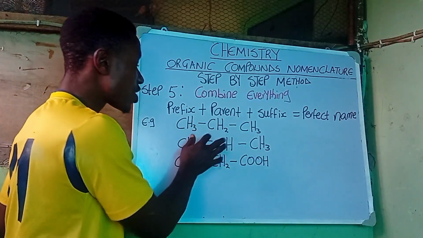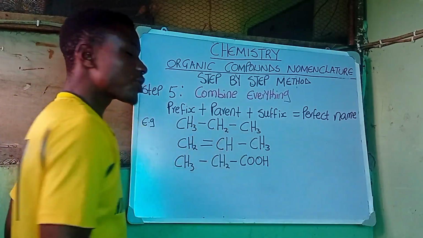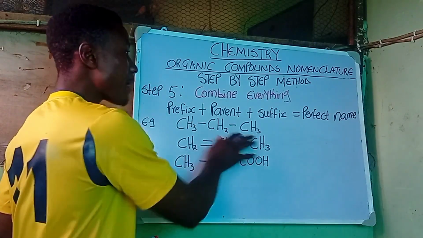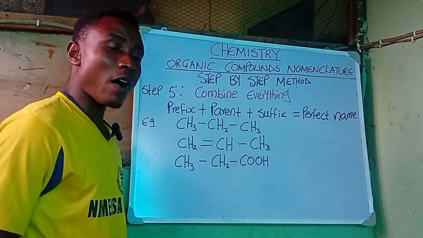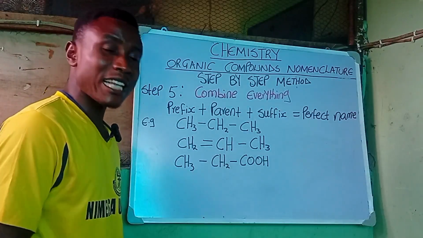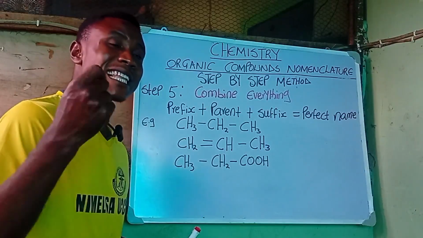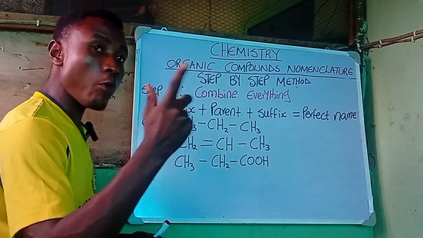So we have CH3, CH2, and CH3. For me, one of the best ways I can easily name this compound is to break it down. I have to open it into a skeletal structure, which I say is the Kekule structure.